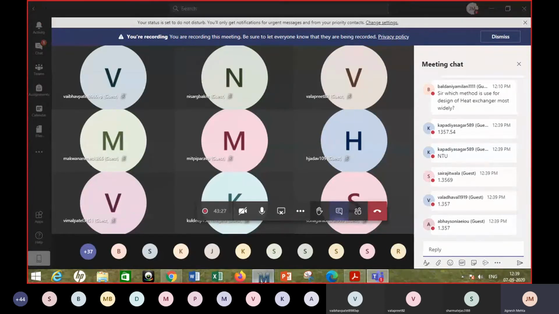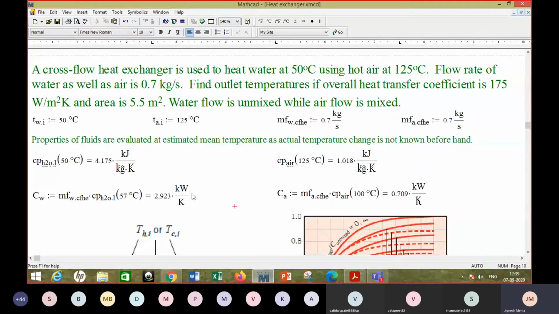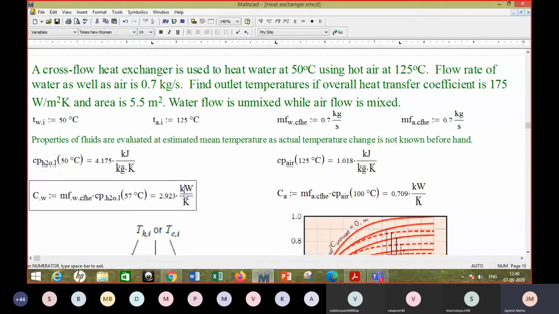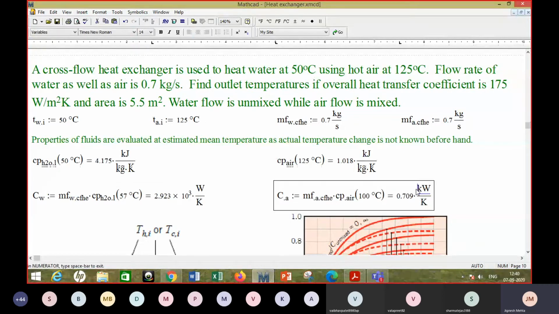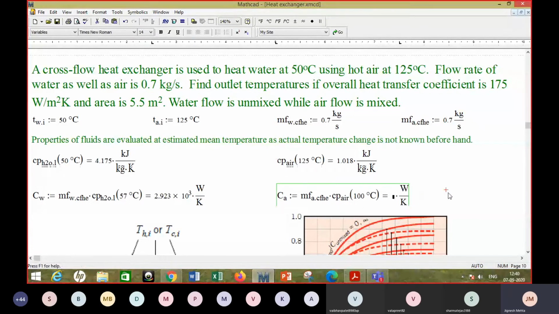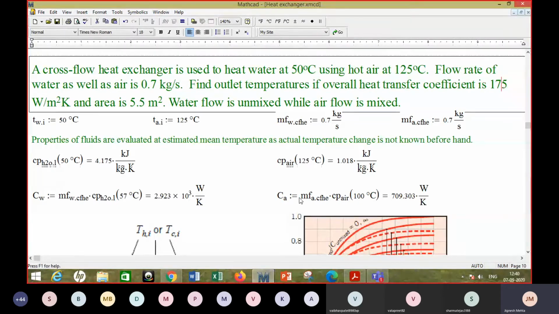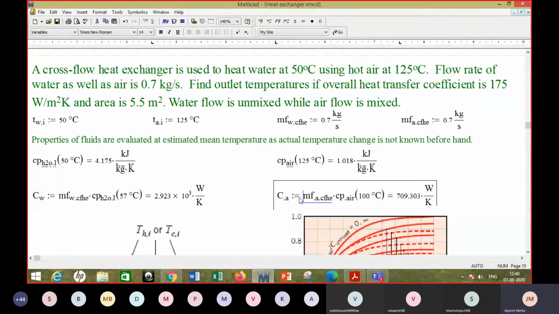Though I have written kilowatt here, I think I should have kept watt only, because it may lead to a wrong value for NTU. NTU is unitless, so if you put U in watts, you should put this also in watts.